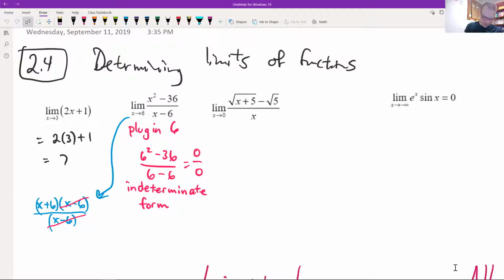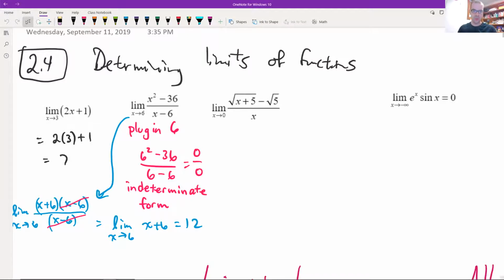And then instead of evaluating the limit as x goes to 6 of the whole thing, we can evaluate the limit as x goes to 6 of just what's left. So we've used a little algebraic trick. We've factored the top and canceled common factors, so that in the end, we get a limit of 12.